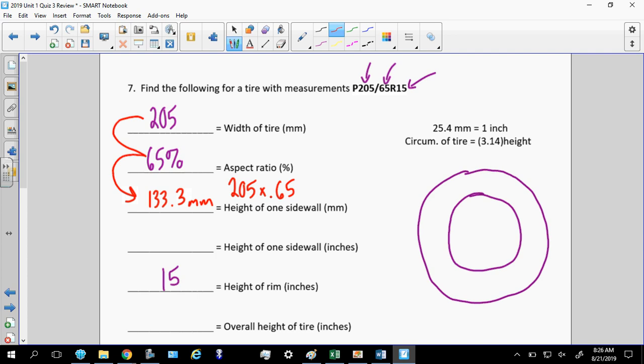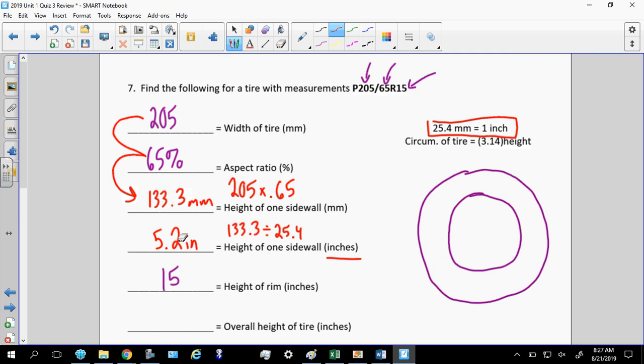Well, we don't work with millimeters. We need to convert that to inches. Now, I gave this over here. Remember the infamous 25.4? So I'm going to take 133.3 and divide that by 25.4, and I get a sidewall height of 5.2 inches.